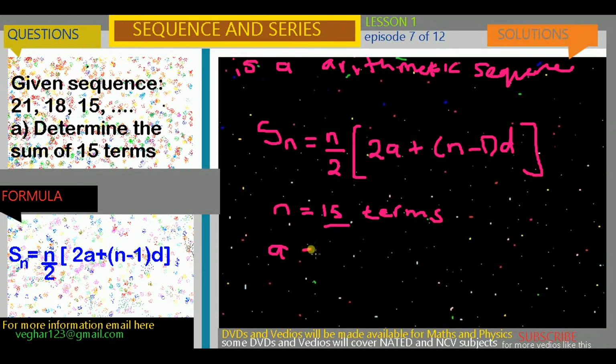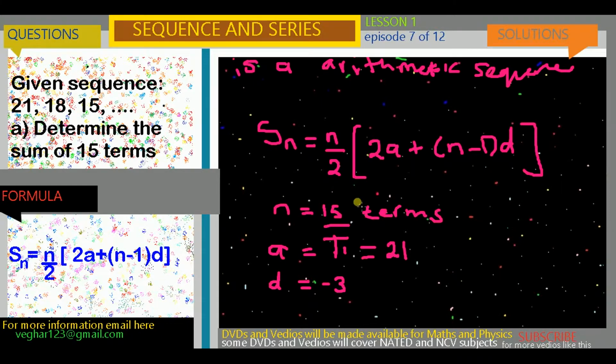And a is term number 1, which is 21, the first term. D represents the common difference, which was -3. So you'll substitute these values here.